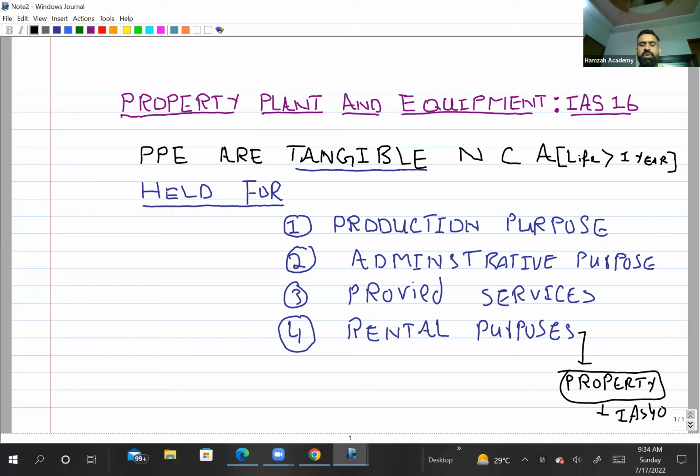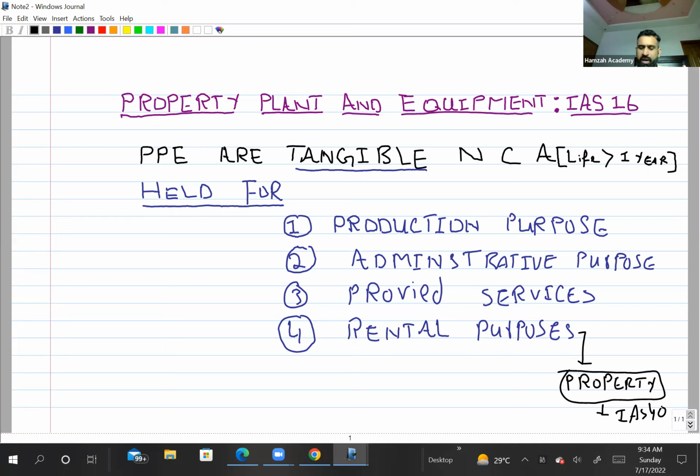But other than property, if we have some tangible non-current asset like cranes, bulldozers, cars, vehicles, which we use for rental purposes, that will be accounted for in IAS 16. But if we have a property held for rental purposes, then it is IAS 40, investment property, and it will not be accounted for under IAS 16.